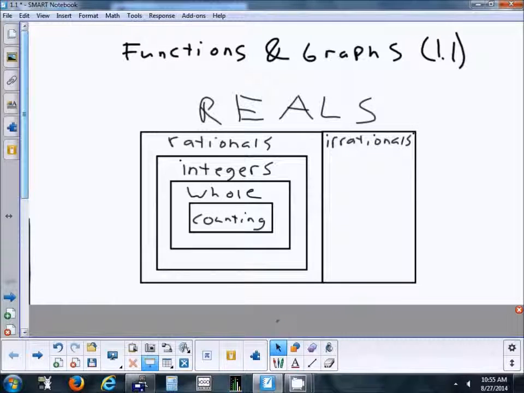Kind of informally, can anybody just tell me what the counting numbers are? What do they start with? Maybe what they don't include? Thoughts on that? What number do you start with when you count? Yep, Augustine? 1. So counting numbers start at 1. They don't go lower than 1.